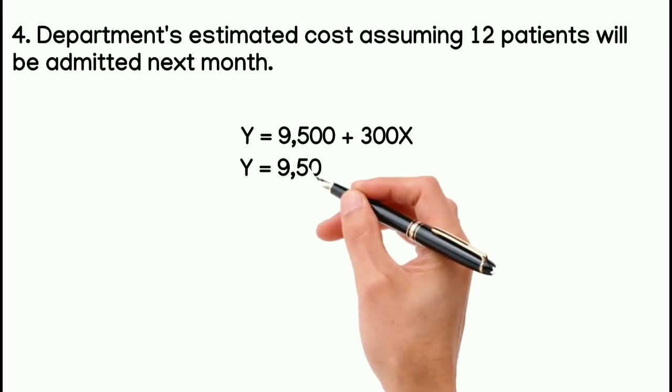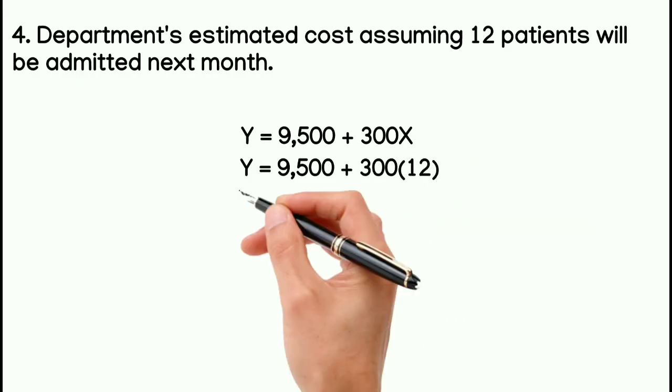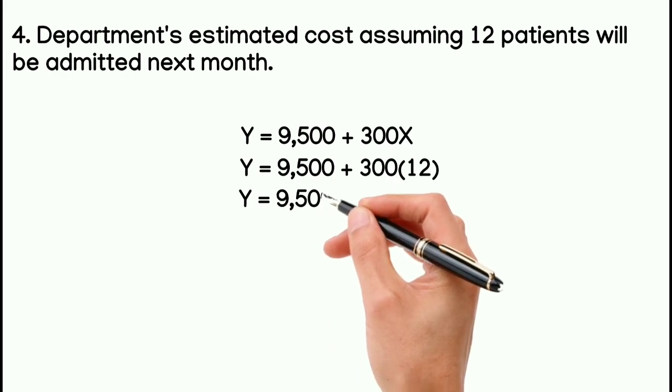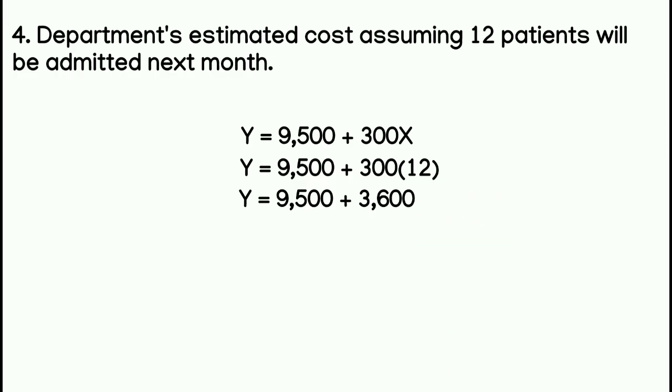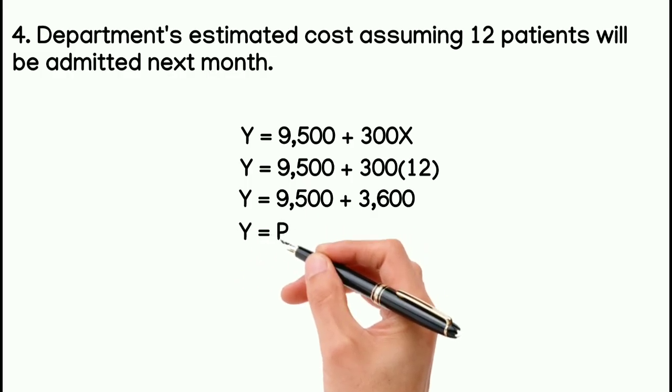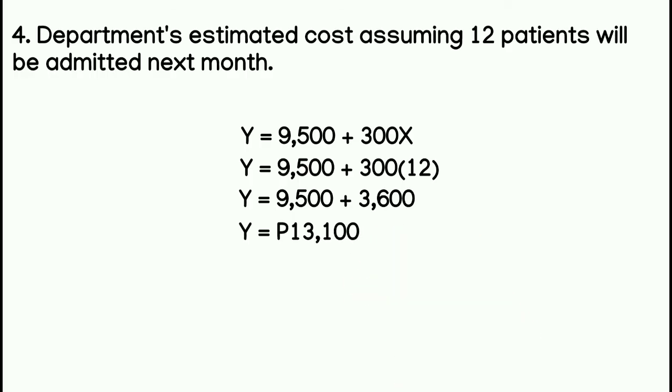Y is equal to 9,500 plus 300 times 12. 300 times 12, that is equal to 3,600. Therefore, y is equal to 13,100 pesos. And that 13,100 pesos is the department's estimated cost assuming 12 patients will be admitted next month.